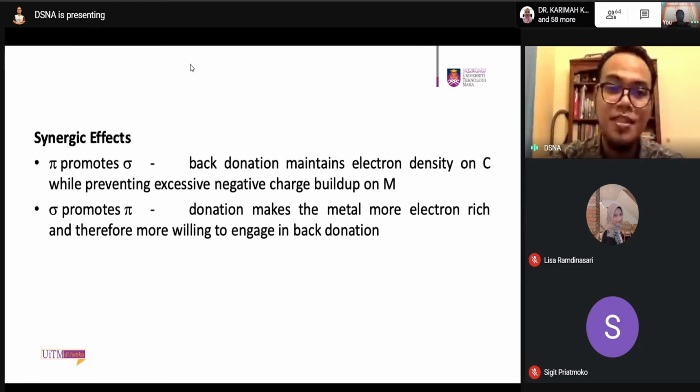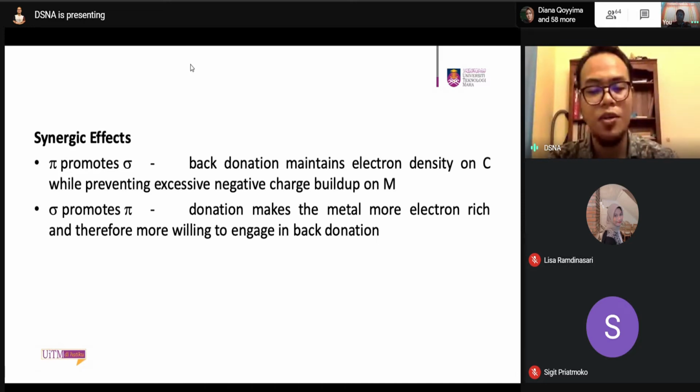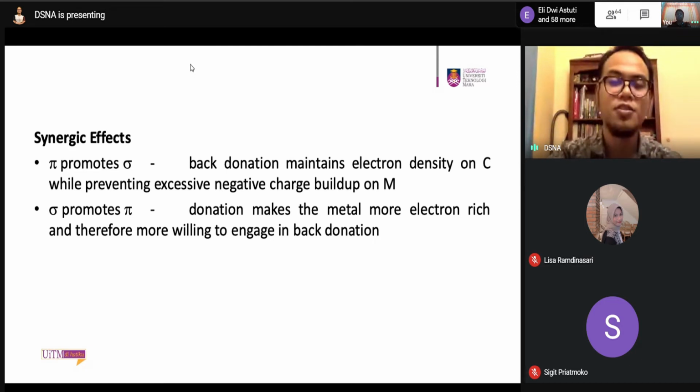So pi promotes sigma. The pi back donation will promote sigma donation. When you're giving back the electrons to the ligand, the ligand now has extra electrons, so the ligand will have the tendency to give the electrons back to your metal, and the metal, on the other hand, will give back the electrons to the ligand. So the process is dynamic, I would say.